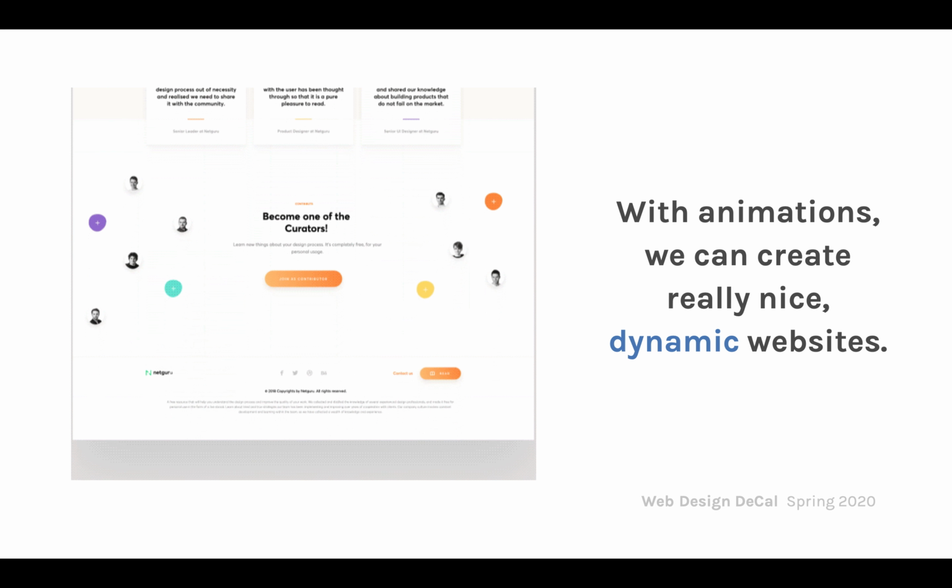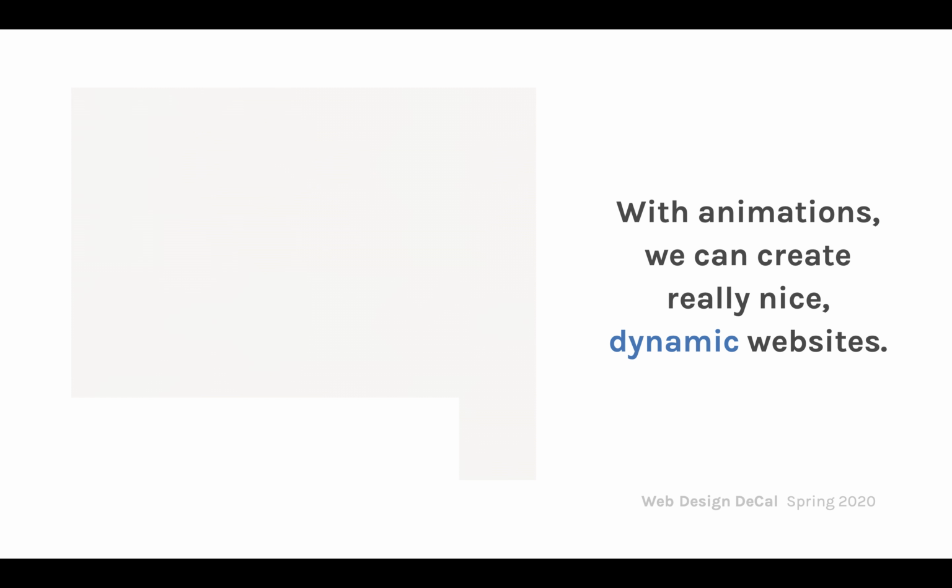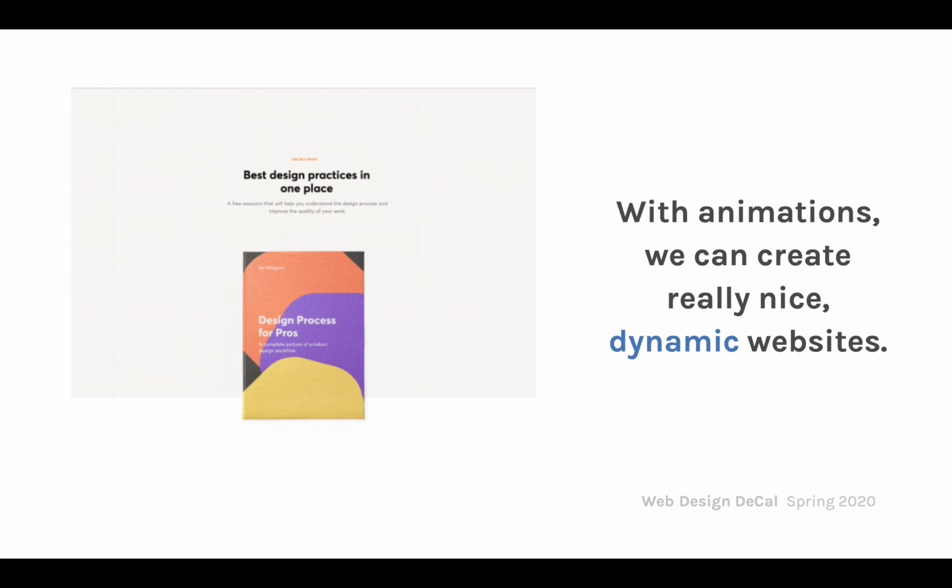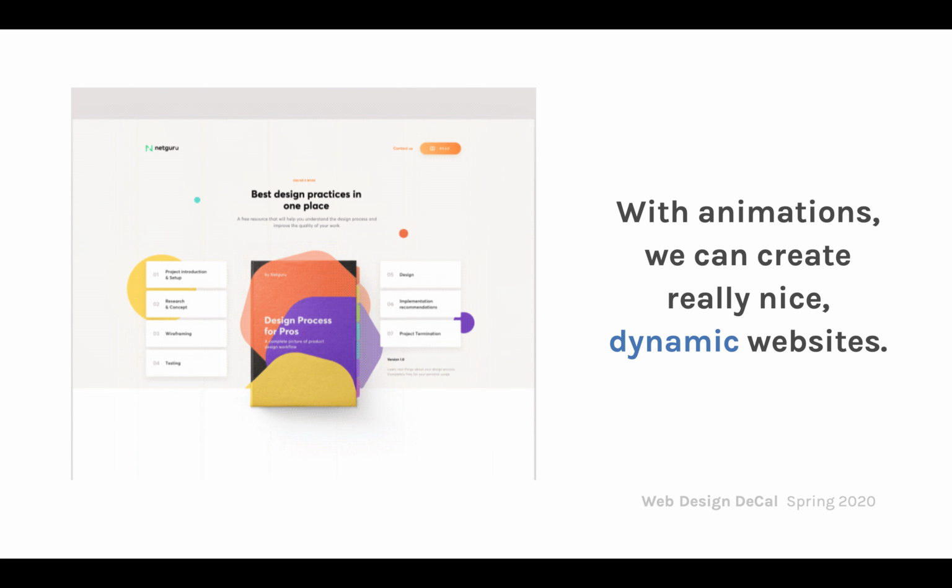It doesn't have anything special to it besides :hover, :active, those pseudo selectors that we taught you in the beginning. Besides that, everything just stays there. But once you add animations, we can create really nice dynamic websites that add more pizzazz to what you guys already have.